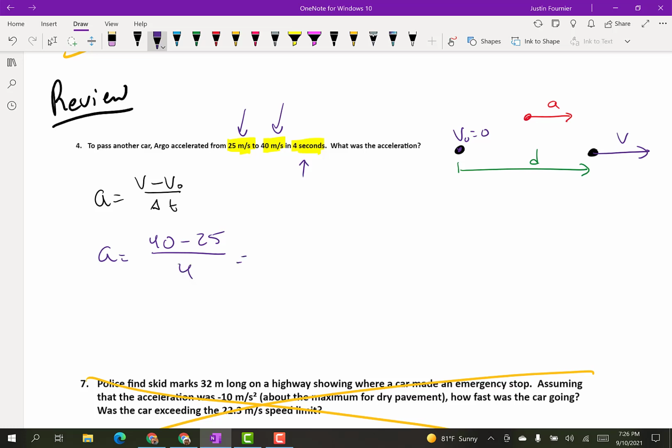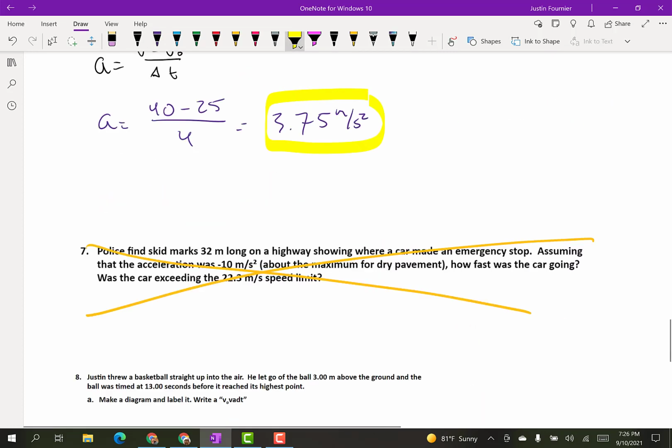I get 40 minus 25 divided by 4, and that gives me 3.75. So this is 3.75 meters per second squared. And there you go. There's my acceleration.